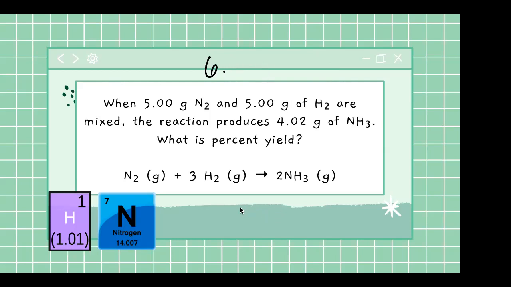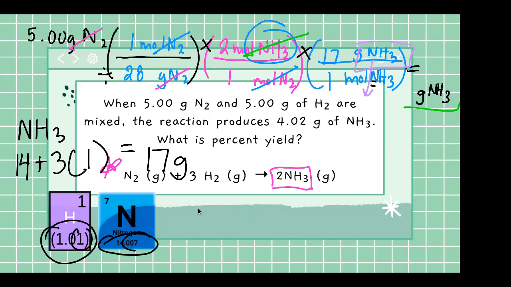Okay, so I'm going to go back, right? So we would plug in 5. Can you see my cursor? Can I just circle with my cursor? Is that okay? You see it? Yeah, okay, good. So you would plug in on the calculator 5 divided by 28, because it's on the bottom. You'd multiply by 2, and then you multiply by 17.